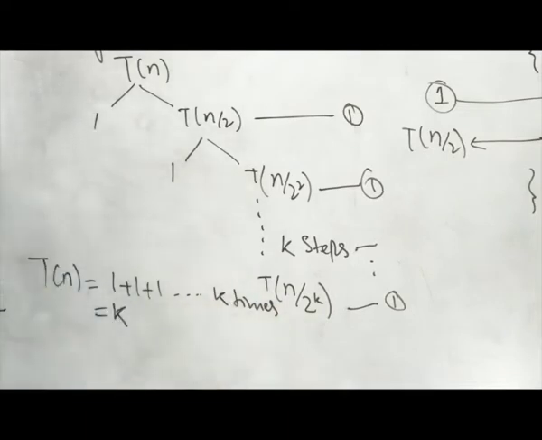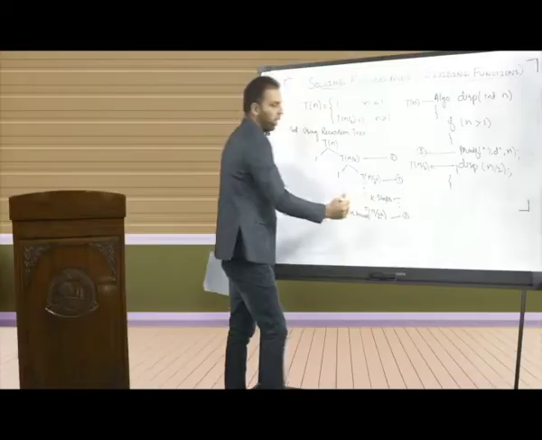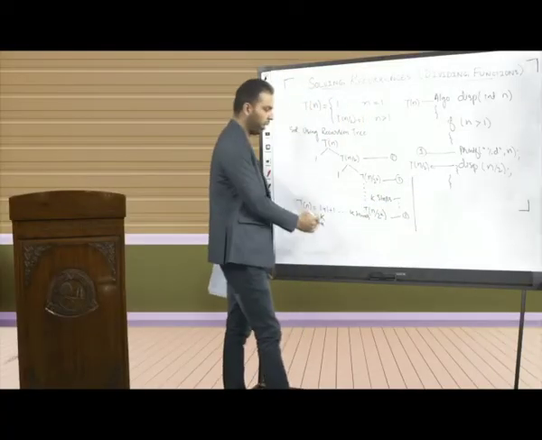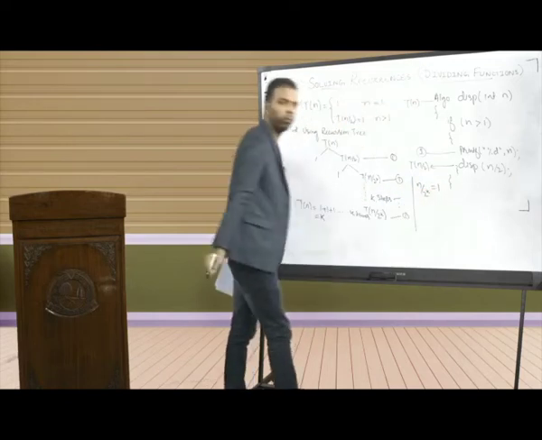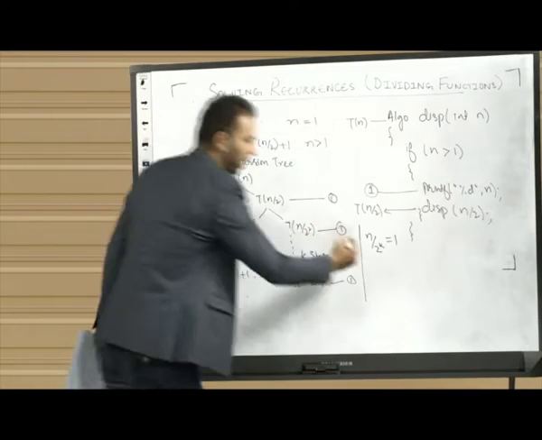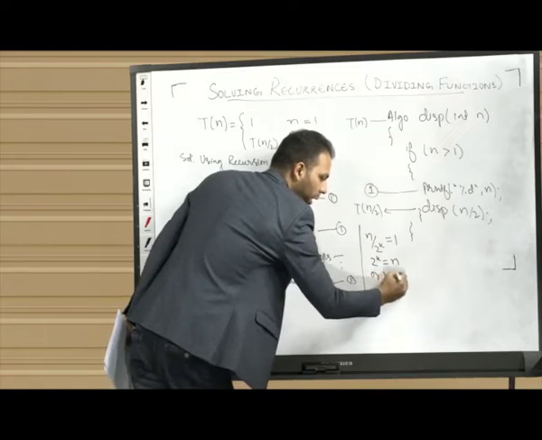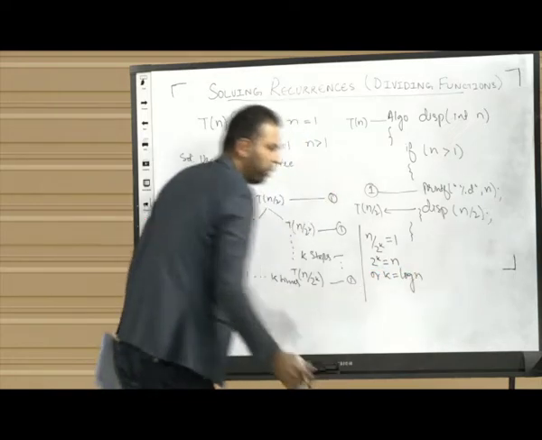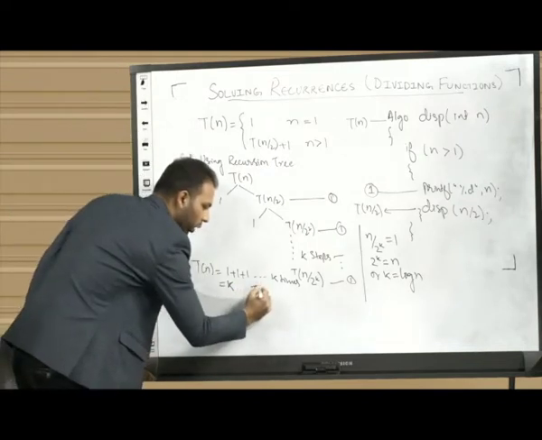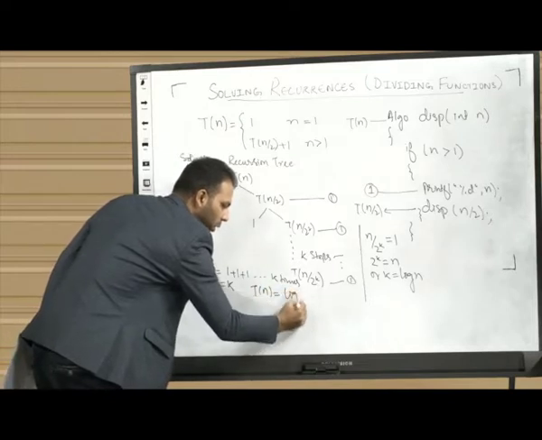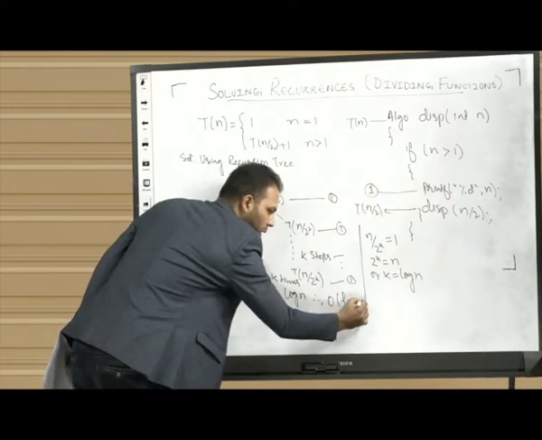This is our stopping condition, that is T(n/2 raised to the power k). The stopping condition here is 1, so n by 2 raised to the power k will be equal to 1. This means 2 raised to the power k equals n, or k equals log of n. We have seen this in previous examples as well. If we substitute here, T(n) will be equal to log n, and therefore it is order of log n.